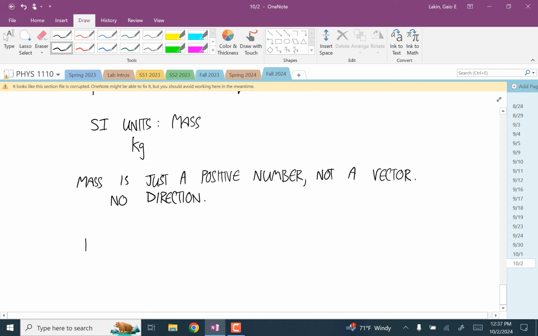Okay, and then the next thing that I have to define is force. Mass was just a number. Force is a vector.